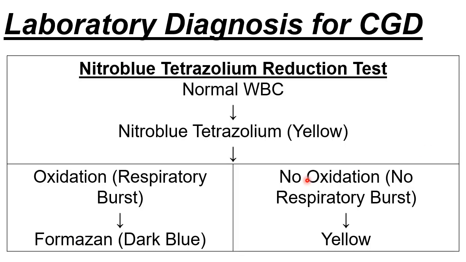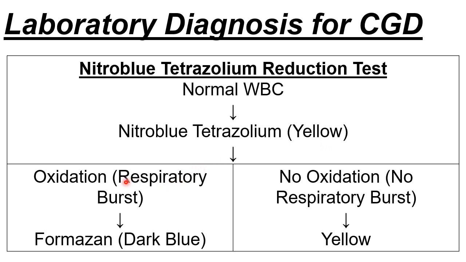Okay. We have laboratory tests for CGD. This is what you call the nitroblue tetrazolium reduction test. Anong ginagawa natin dito sa nitroblue tetrazolium reduction test? So first, i-expose mo yung mga normal WBC with your reagent, okay, which has a yellow compound.